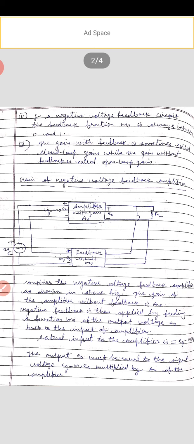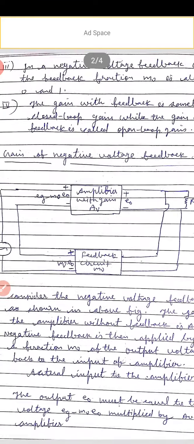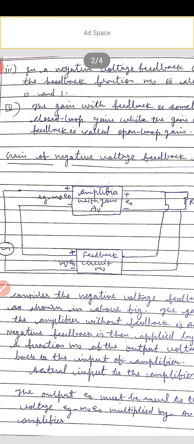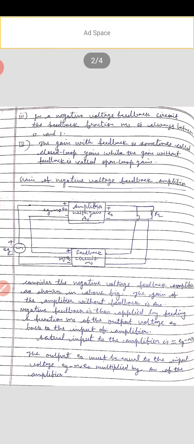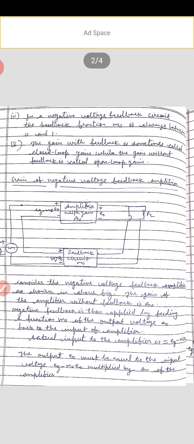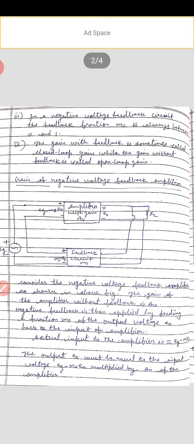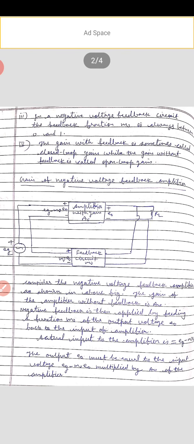Now next is the gain of a negative voltage feedback amplifier. This is the circuit for the feedback amplifier. Consider the negative voltage feedback amplifier as shown in the figure.